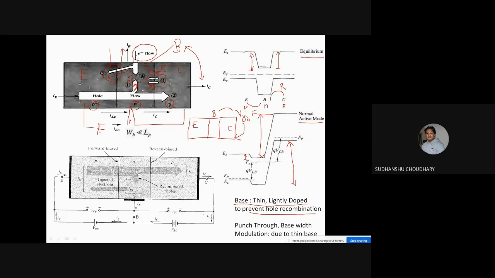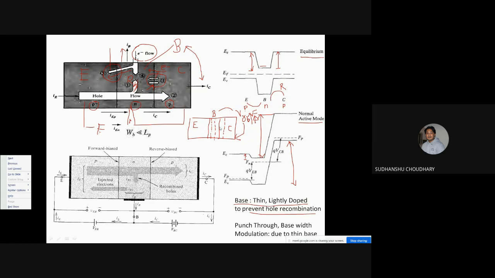When the collector base junction is reverse biased, obviously the depletion region widens. And imagine the reverse bias increases to a large extent. So the reverse bias across the collector base junction increases. What will happen to this depletion region? It will also extend.